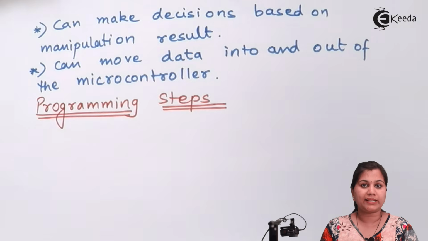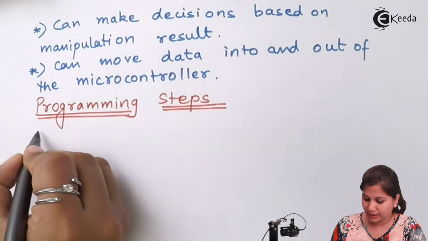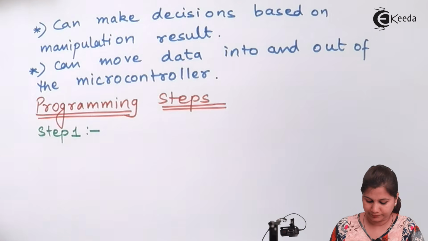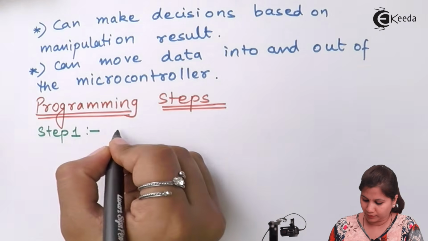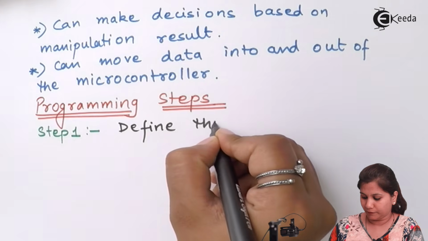Whenever we are writing a program in the 8051, there are 5 steps which we follow. Step number 1 is to define the problem to be solved.